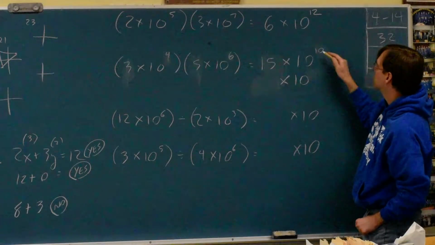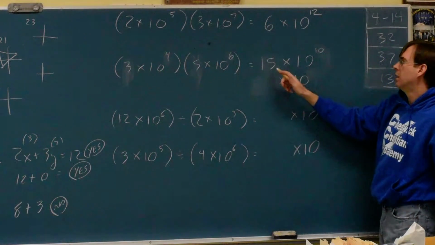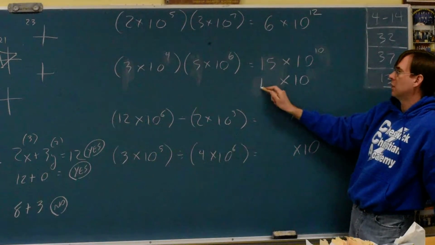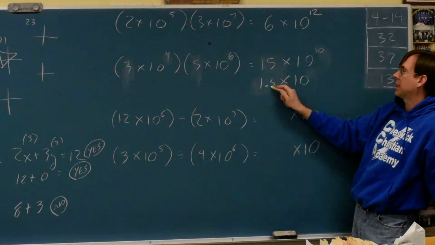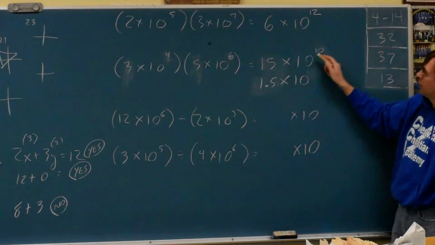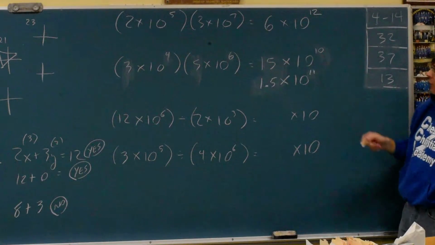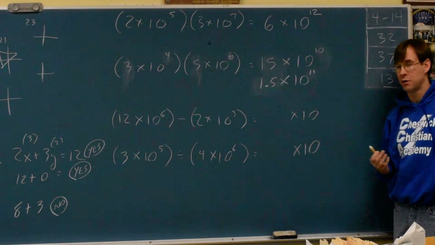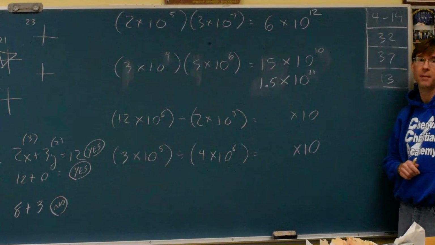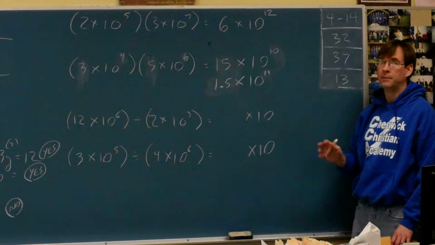Add the powers, and that would make a 10. Anytime this goes bigger than 10, we have to adjust it. We have to make this smaller by sticking a decimal in it. And if we're going to make this smaller, we make the power bigger up to an 11. If all you're looking to do is the multiply sheet, cut this video, do the multiply sheet, come back tomorrow and watch the divide part.